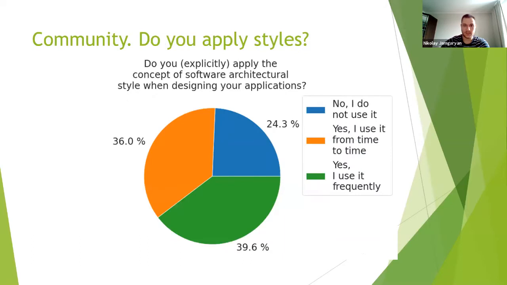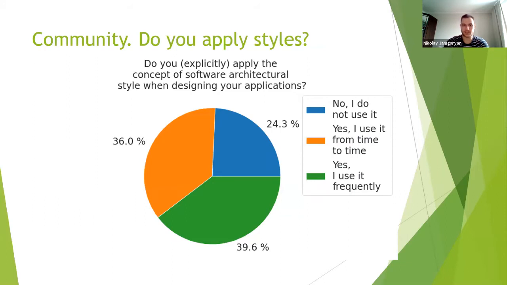The first answer dedicated to software architecture styles was whether our developers explicitly apply the concept of styles when they design their applications. Here we can see that only a quarter of them do not apply the concept explicitly. This is still a lot.